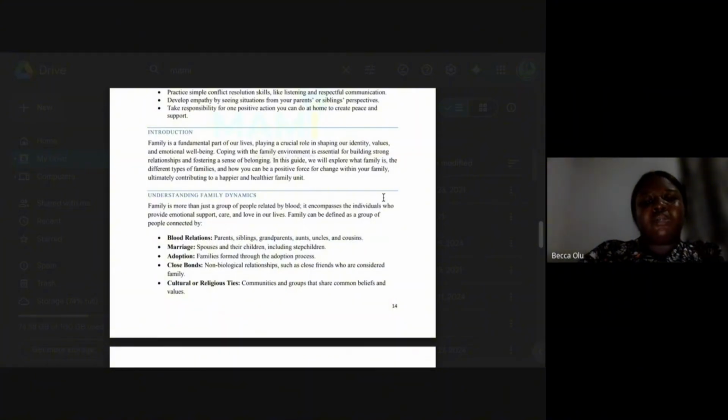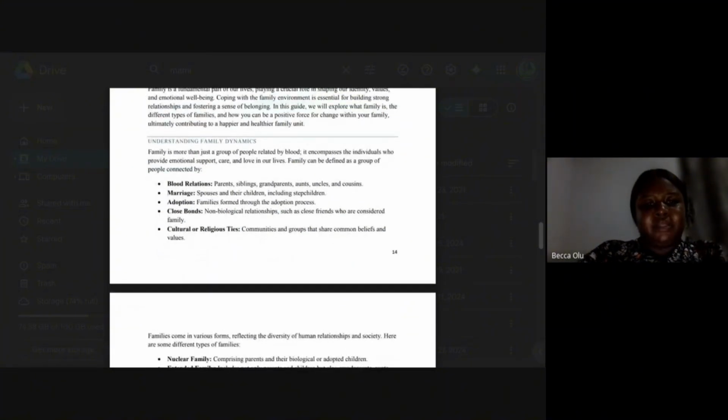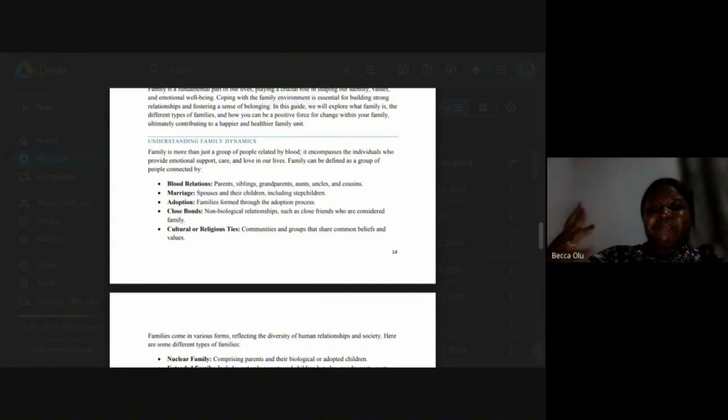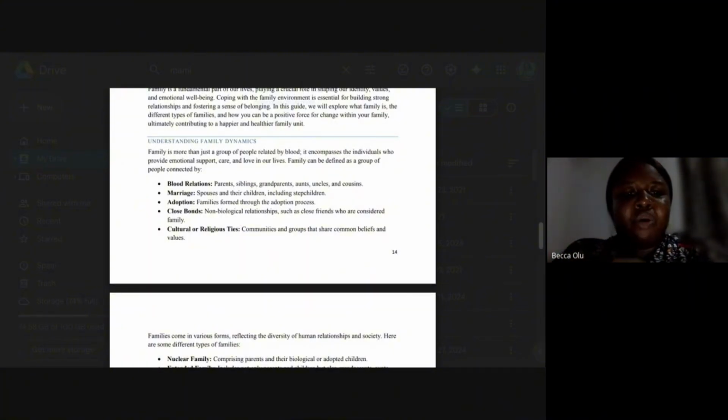So, understanding family dynamics. When we say family, the first thing that comes to your mind is your biological siblings, related by blood. But we have different types of families, okay? Family is more than just a group of people related by blood. It encompasses the individuals who provide emotional support, care, and love in our lives.